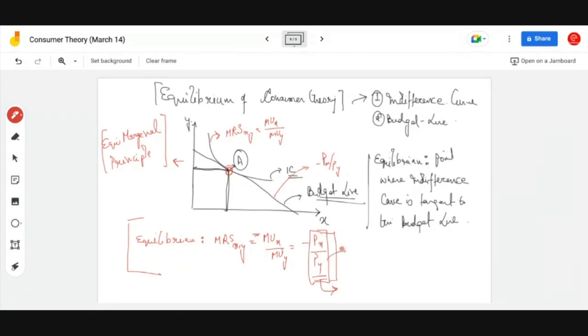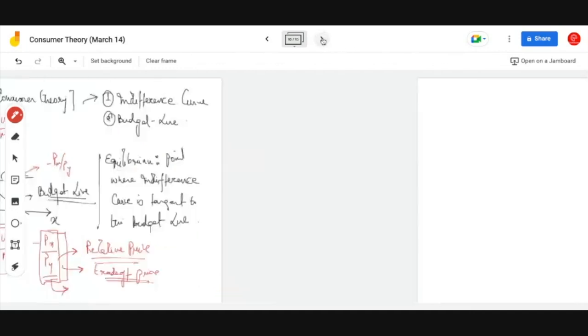Px upon Py gives you a relative price, or a trade-off price. Similarly, the ratio of marginal utility of X divided by marginal utility of Y gives us how much of good Y you want to give up to increase one unit of good X.